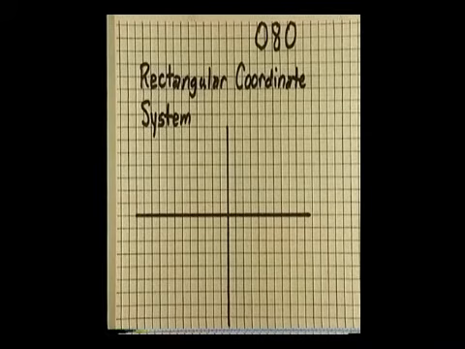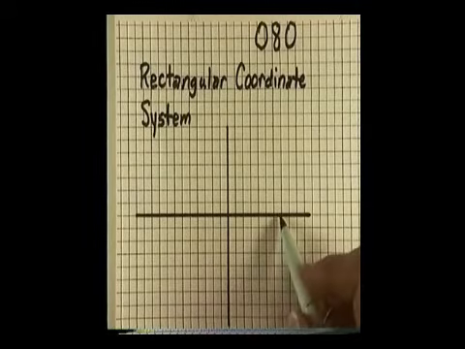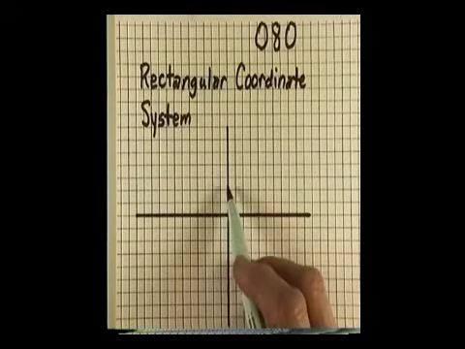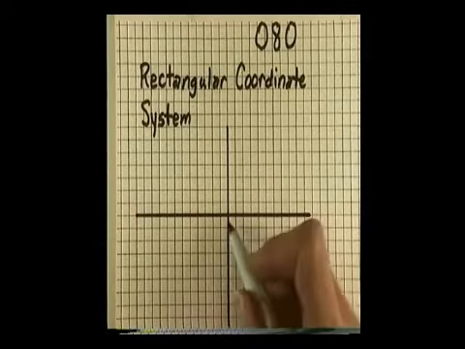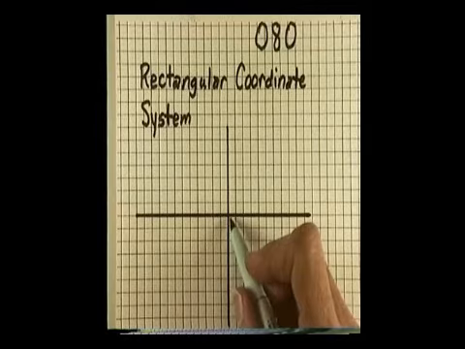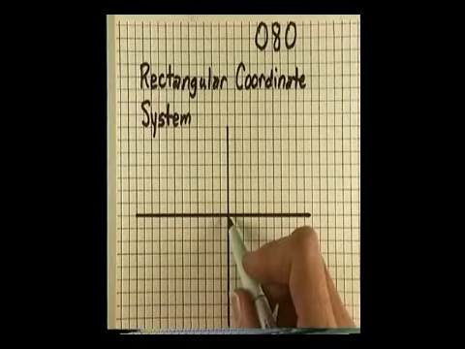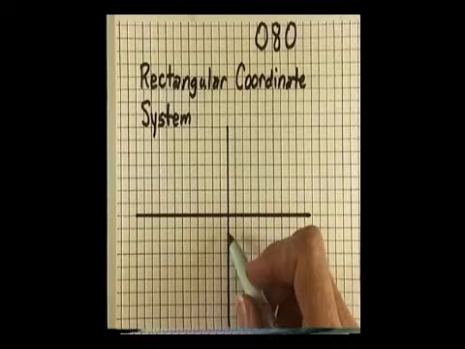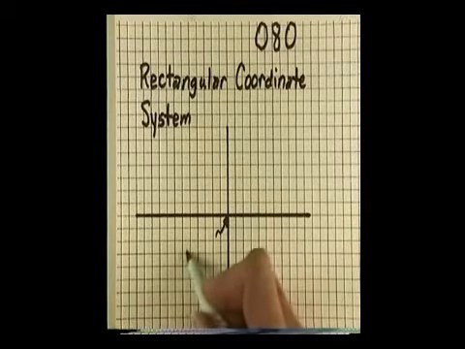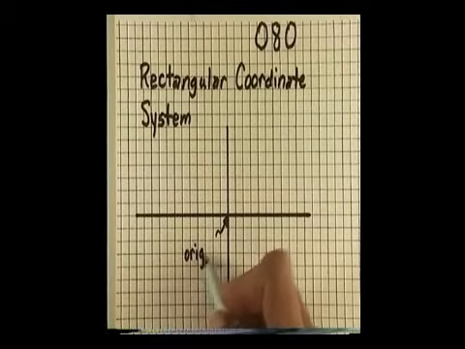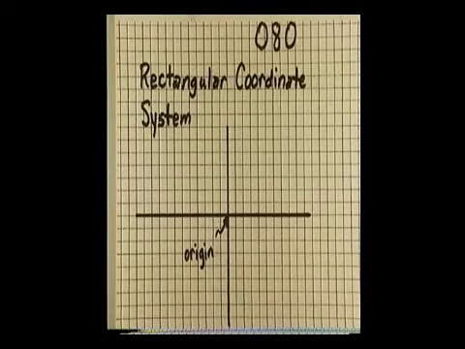These 2 number lines are called the horizontal axis and the vertical axis. The number lines intersect, cross each other, at the point where 0 occurs on the horizontal number line and 0 occurs on the vertical number line. This point we call the origin. The origin is the point where the 2 number lines cross.